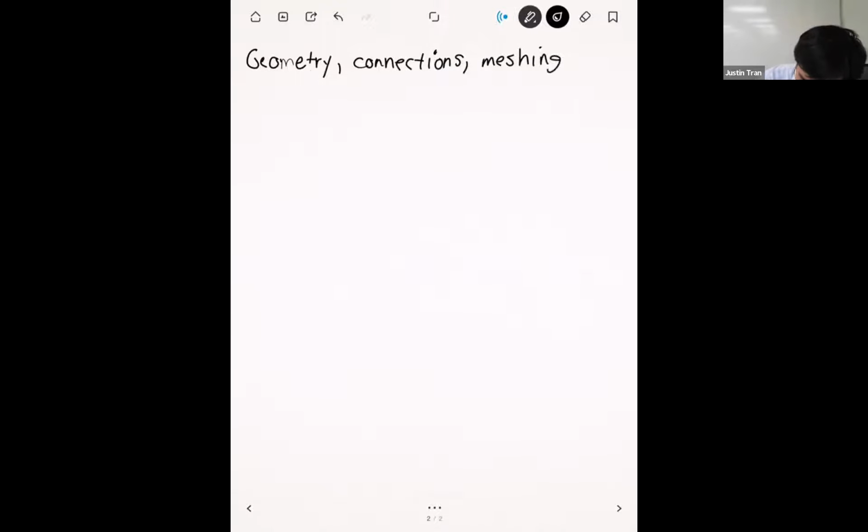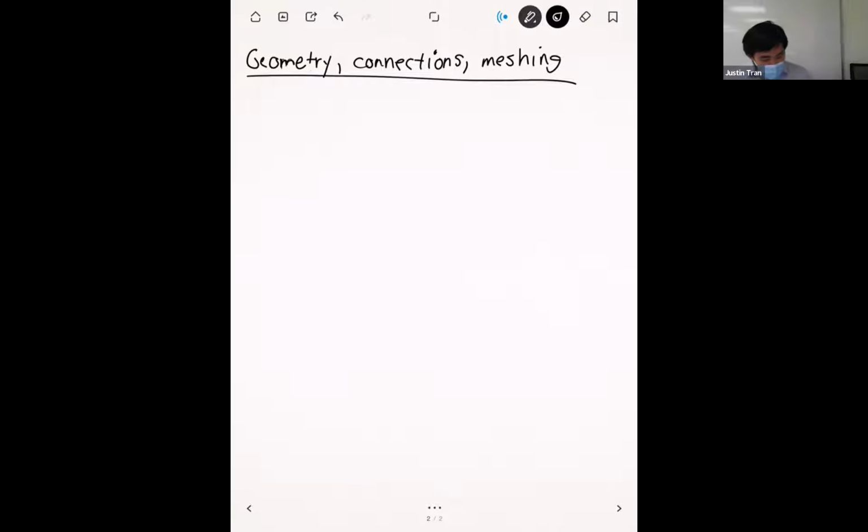All right, so let's talk about all the things that are staying the same. For all of our structural simulations, our starting points are always to load in or create the geometry, define the connections if we have separate parts in our assemblies, and perform the meshing.